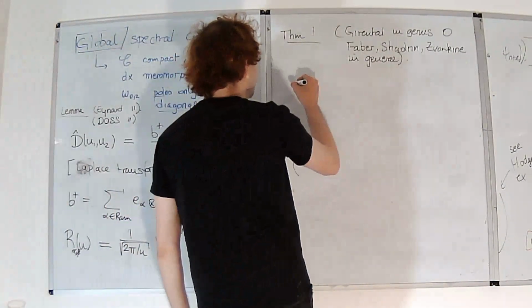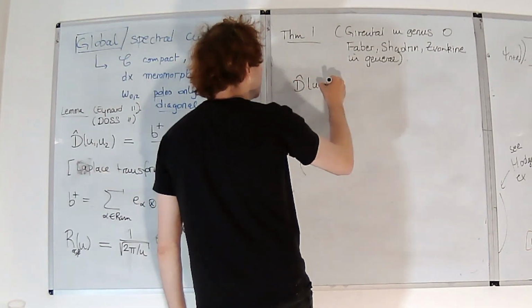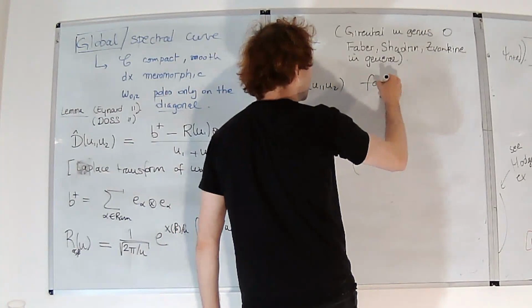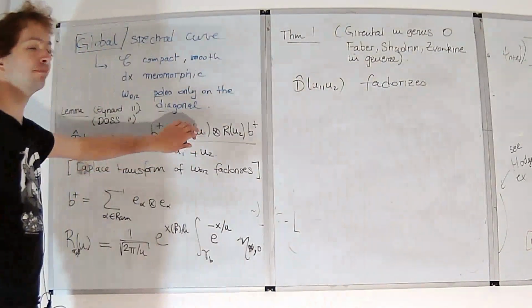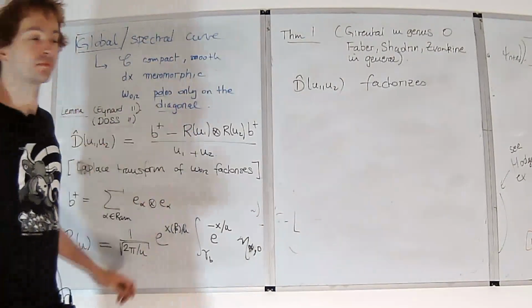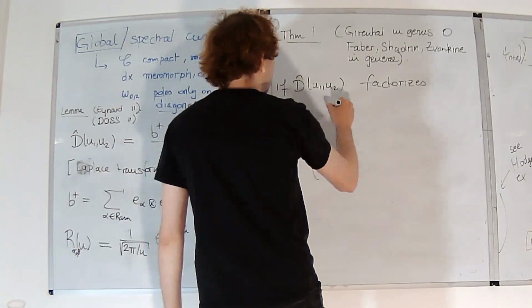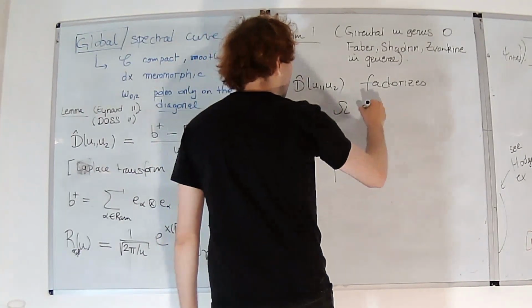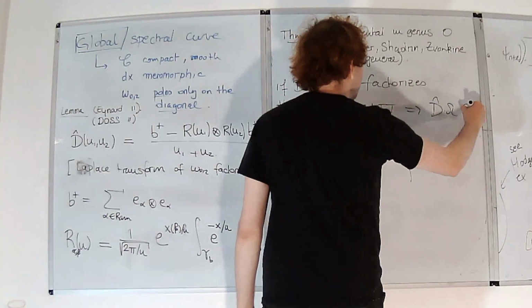But if you have that D(u1, u2) factorizes, so it's more or less of this form for some R, then omega co-FT implies D hat omega co-FT.